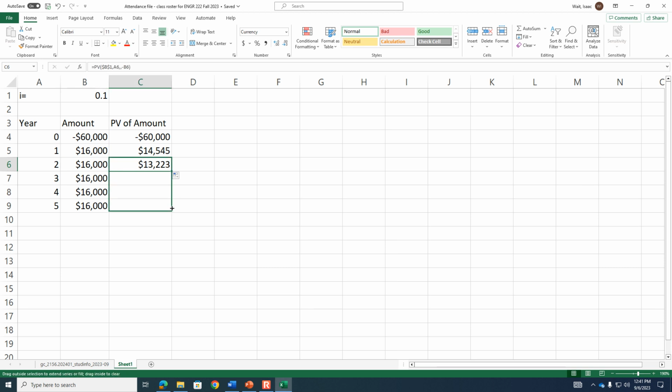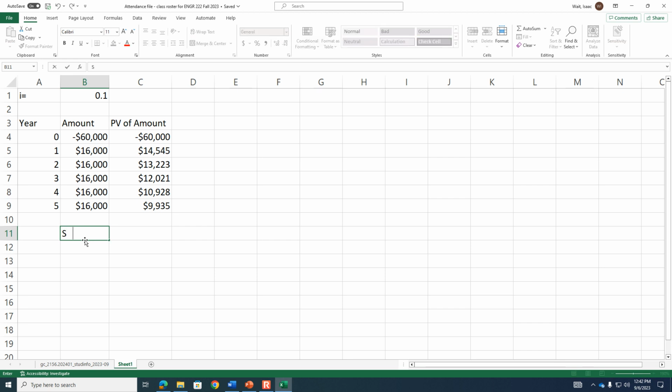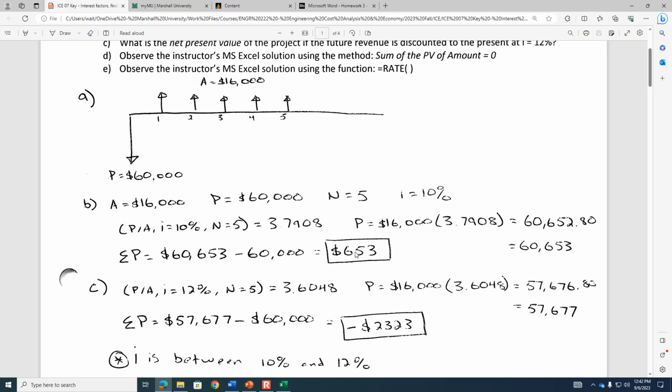So I can drag it down through the entire series and then find a sum total of those. So I'm adding up all of these together and it's 653. So that's what we had found doing it the manual way. 653 is when you're discounting those future amounts at 10% per year.